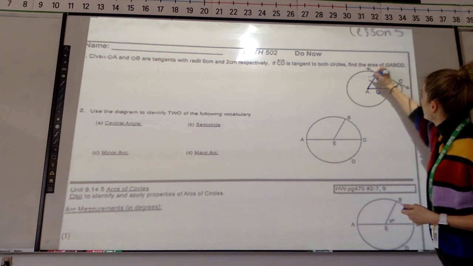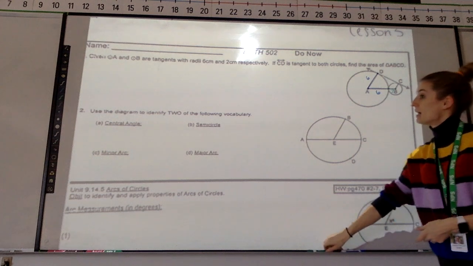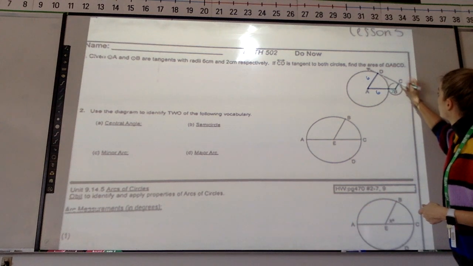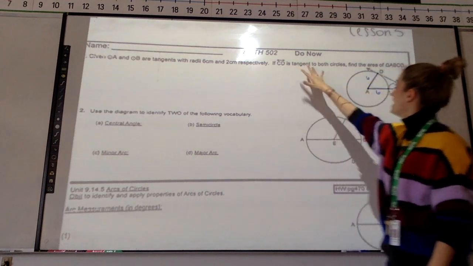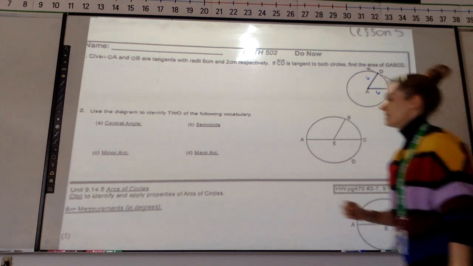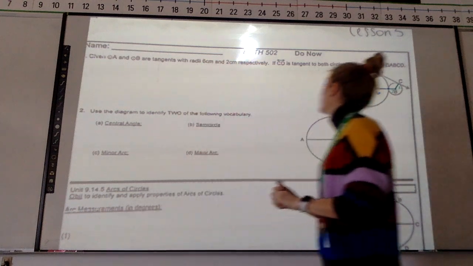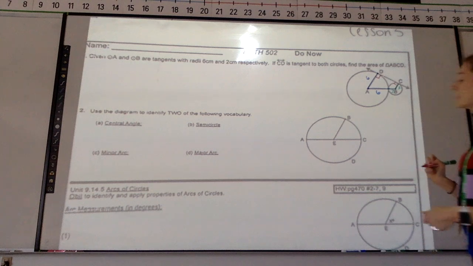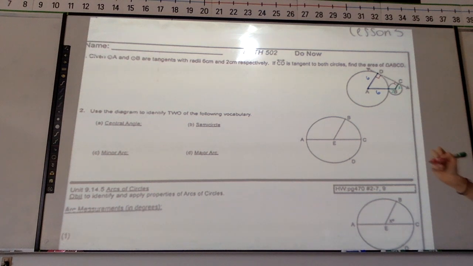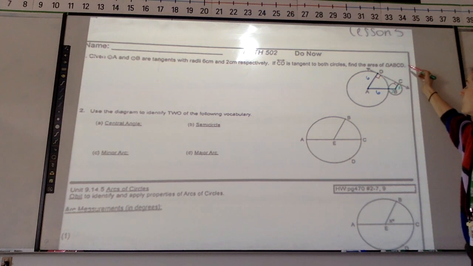So we can see right here there's a radius of 6 and right here there's a radius of 2. And so if we know that CD is tangent to both circles, that means we can start to throw in some 90-degree angles here. This is a tangent line. We've got 90-degree angles there. And we're asked to find the area of trapezoid ABCD.